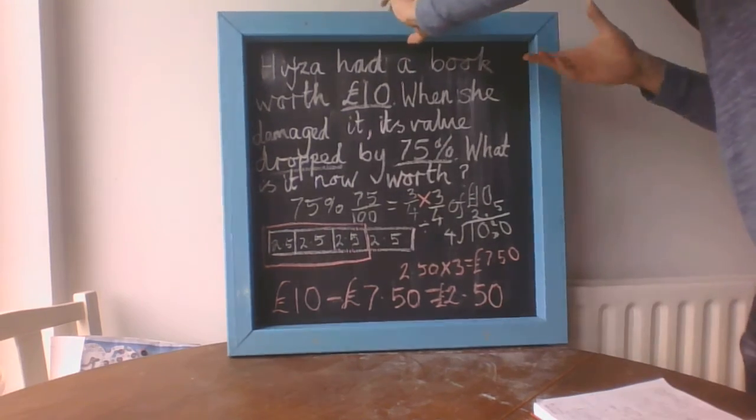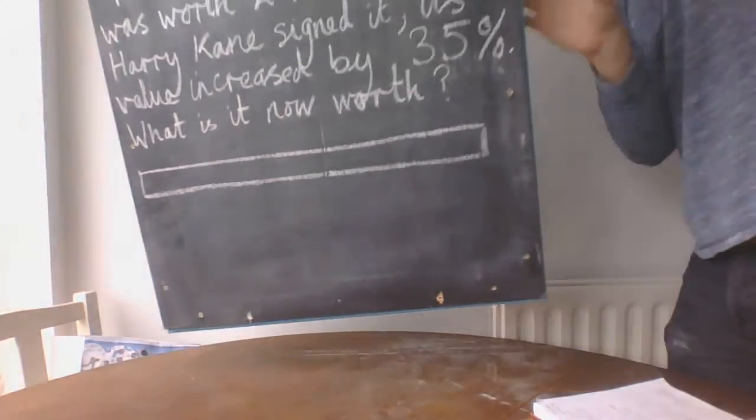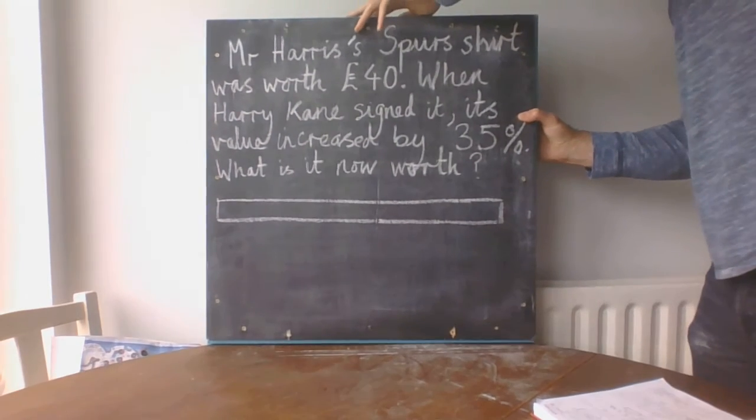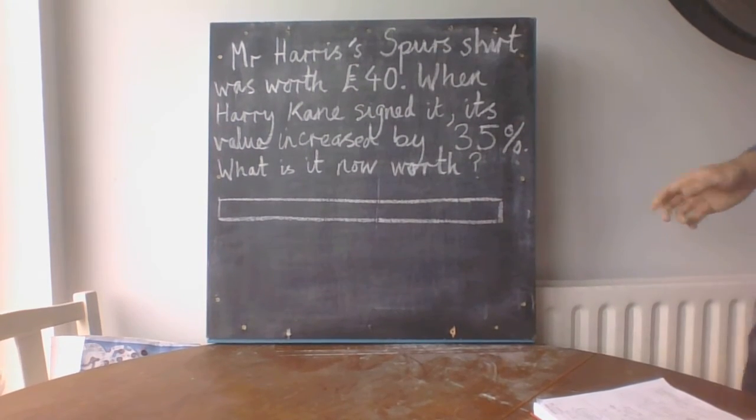Now, let's take a look at percentage increase. So, Mr. Harris's Spurs shirt was worth £40. When Harry Kane signed it, its value increased by 35%. What is it now worth?